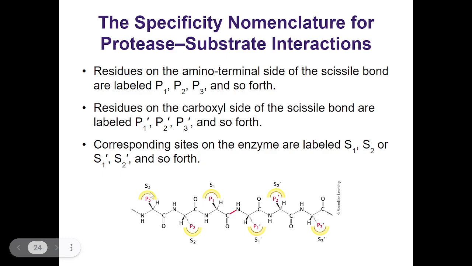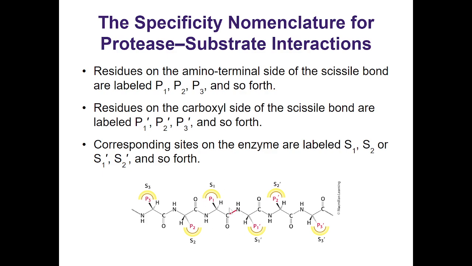So your P3 site, on the protein that you are going to be cleaving, is going to line up with what? S3, right? The P2 with S2. S2 being on the enzyme, P2 being on the protein to be cleaved, right? That's going to be on the amino side, okay?